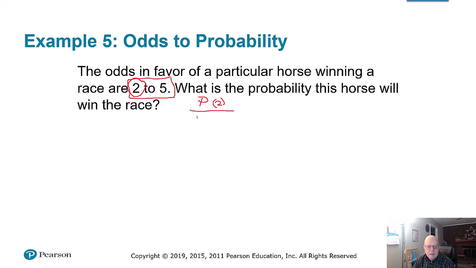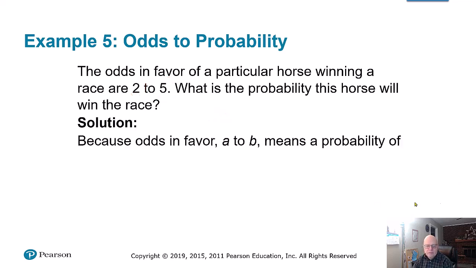And on the bottom, you have 2 and 5. Let's clean this up before it gets too messy. There we go. So the odds in favor means the probability of A over A plus B.